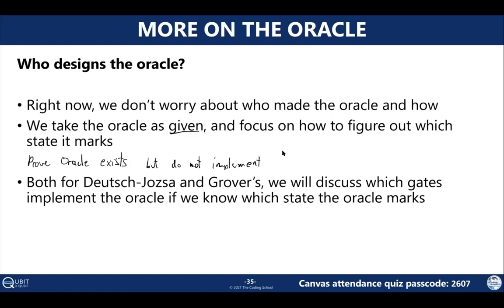If we want the oracle to mark the 1, 1 state, we know which gate we need for that. If we want it to mark the 0, 1 state, we can create a gate, or a sequence of gates, that does that. It is a bit of an if statement, depending on what it is, and there are many different ways you can implement the oracle for each of these possible states.